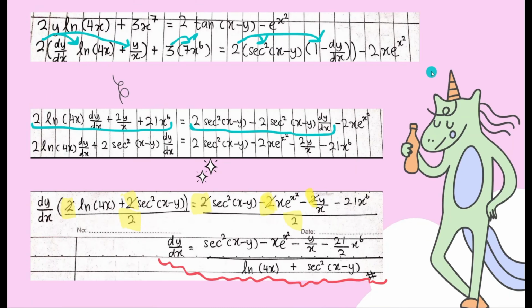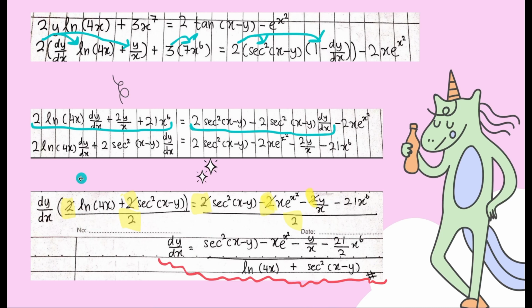After we differentiate all parts A, B, C, and D, we sub those values into the original equation. After that, we multiply the constant into the bracket, and we will find this equation. Then we isolate the terms that have dy over dx to the left side.